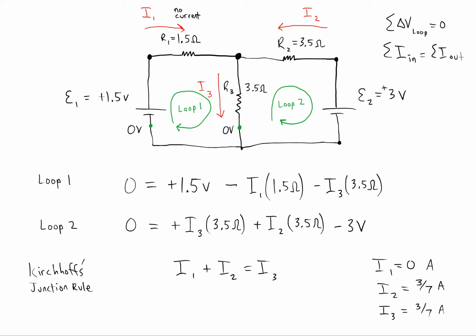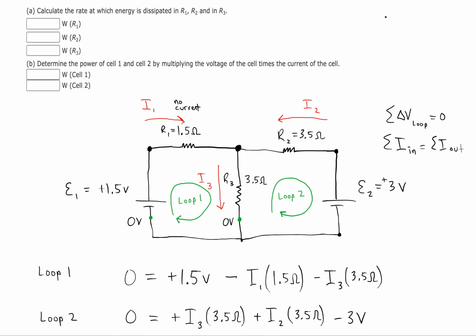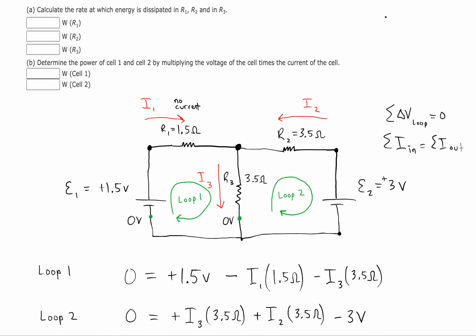If that's the case, then when it comes to the power dissipated in R1, we have the formula power equals current times voltage, and if the current is 0, that means the power dissipated would be 0 as well.